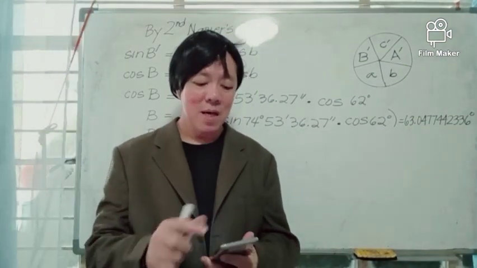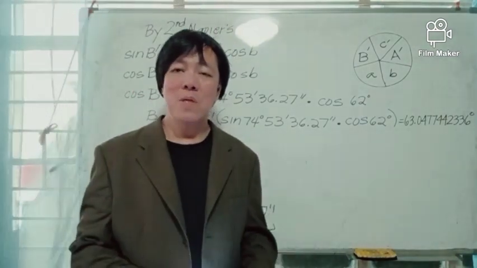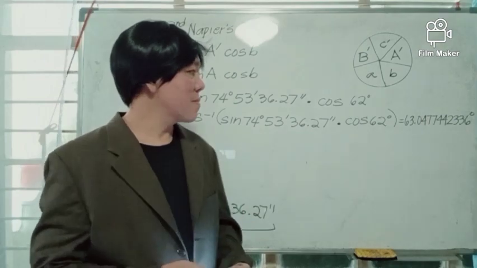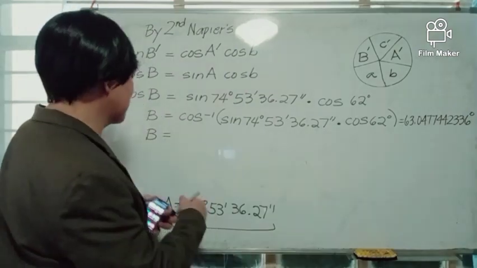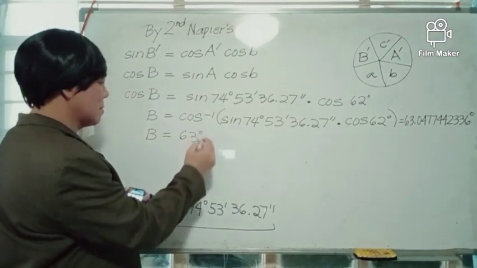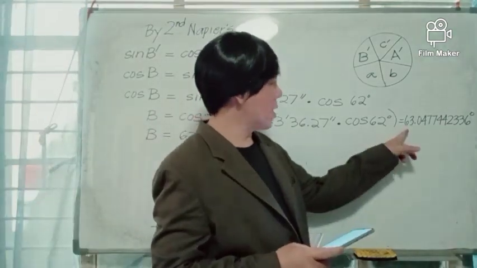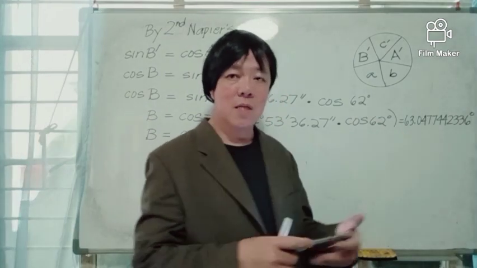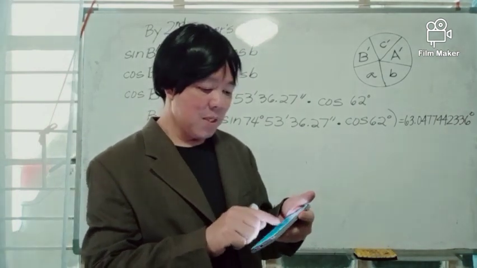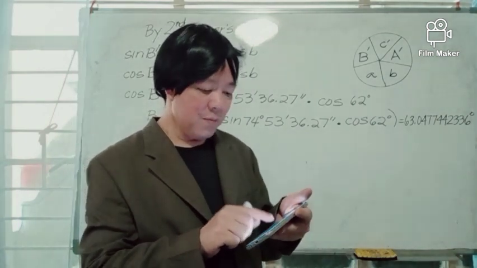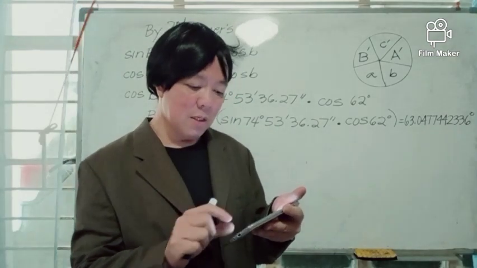But we give the angle in degrees, minutes, and seconds. For the degree part, you take the whole number, that's 63 degrees. And subtract 63 from 63.0477442336.